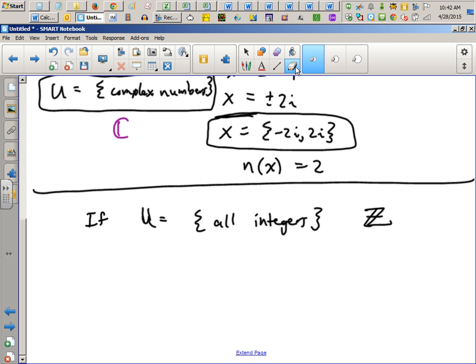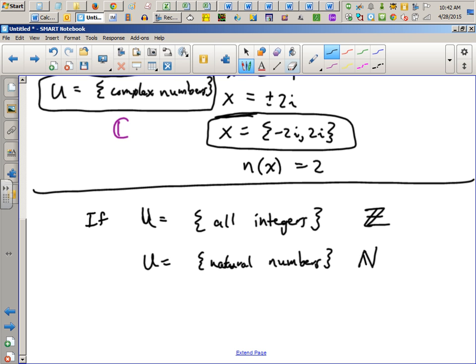I don't know, maybe they thought I means imaginary or something. But if it's the set of natural numbers, you know, 1, 2, 3, 4, it might be N, a double-struck N, you see.